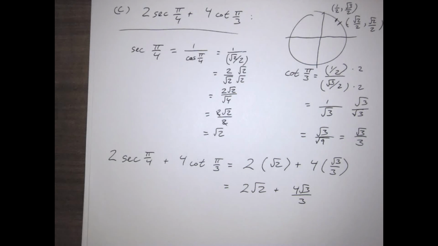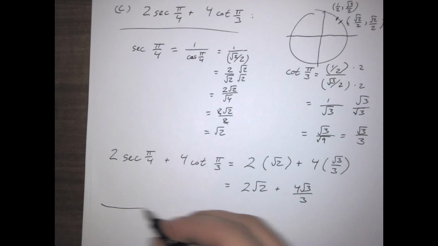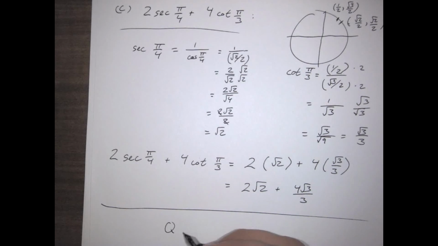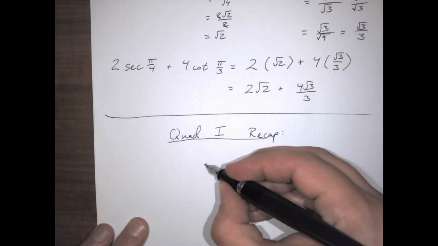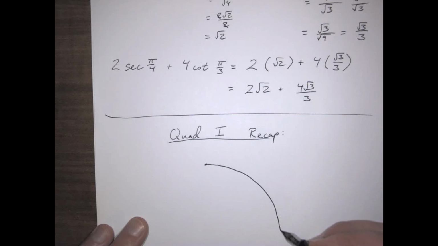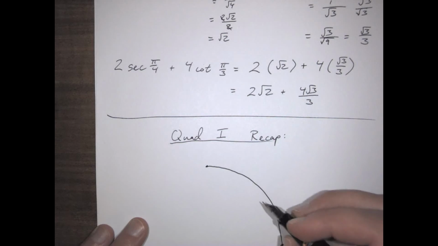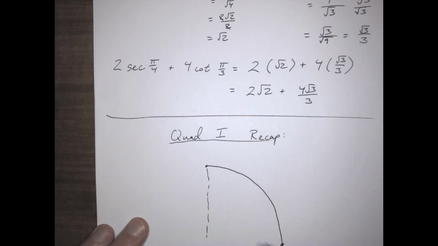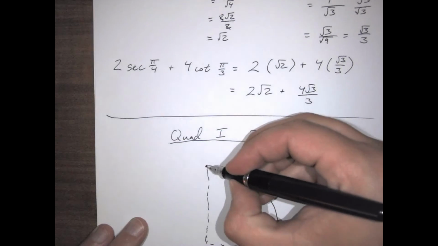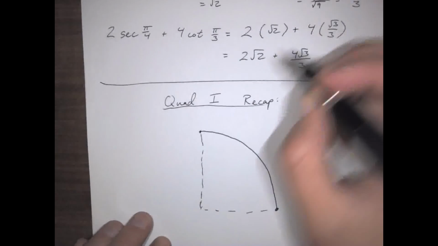The important thing to remember here, once again, to recap. So quadrant 1, recap. This is the most important takeaway from this section. The thing above all, it's important to know, and that would be the coordinates of the key points, the points at the designated important angles in quadrant 1.